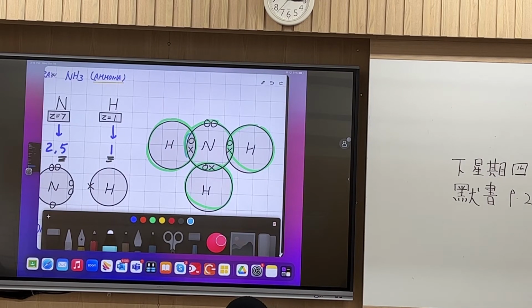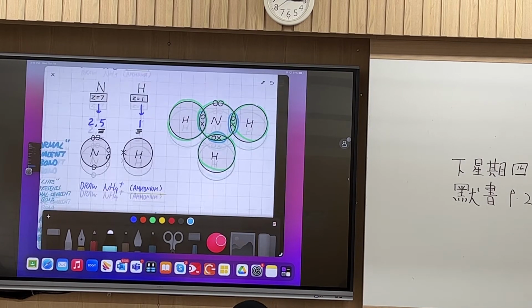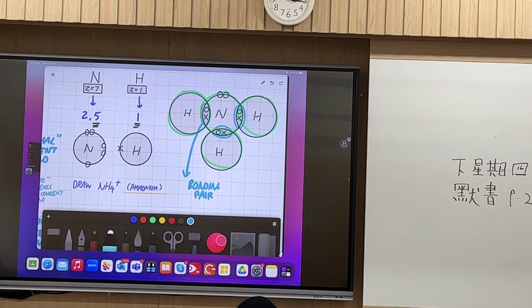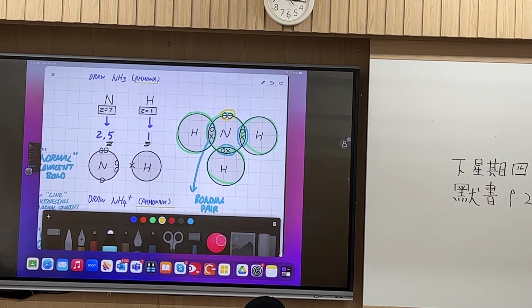Can you help me label the electron pairs? Electron pairs found between atoms, we call them bonding pairs. They cannot be used anymore because they are involved in a relationship between the 2 atoms. There are, however, electron pairs that are free or available.